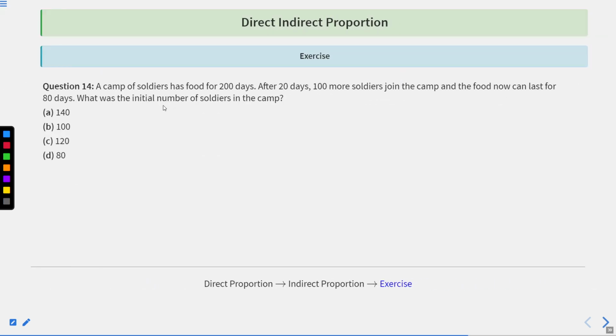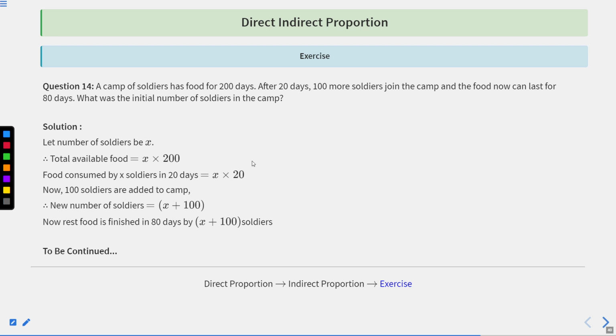Question number 14. A camp of soldiers has food for 200 days. After 20 days, 100 more soldiers join the camp and the food now can last for 80 days. What was the initial number of soldiers in the camp?